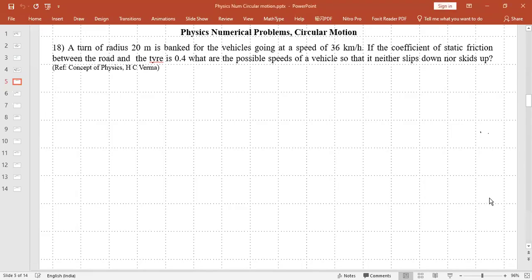Let's now take problem number 18 of your textbook. This says that a turn of radius 20 meter is banked for a vehicle going at a speed of 36 kilometers per hour.